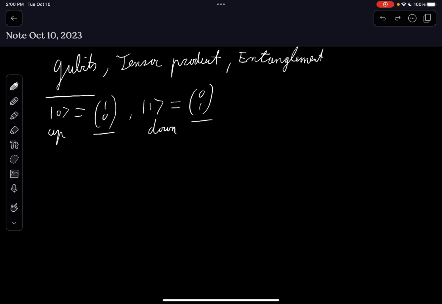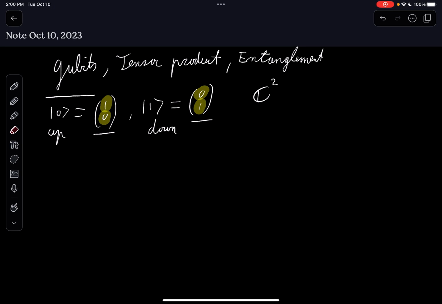Okay, so we have this up and this down state, and they are really vectors in some complex vector space. So I can think of these entries as really being complex numbers. They live in some complex space, C2. The 0 and the 1 form a basis of this complex vector space.